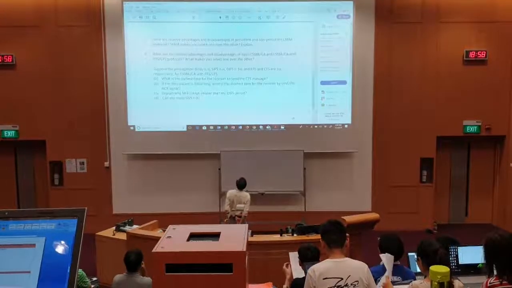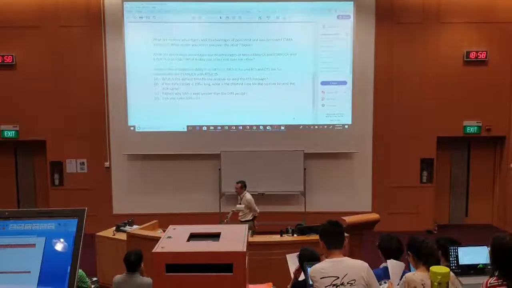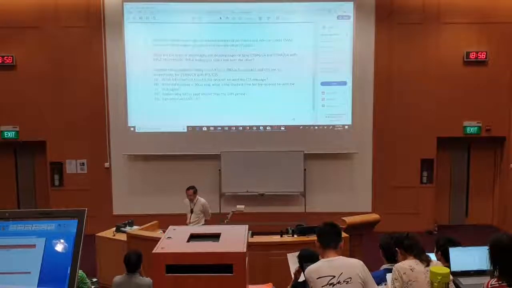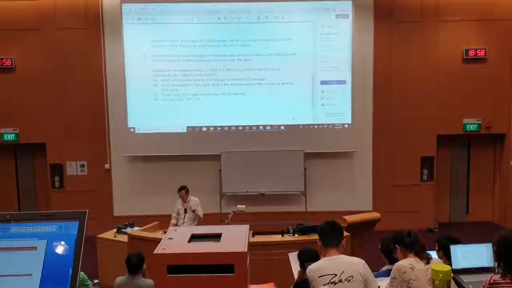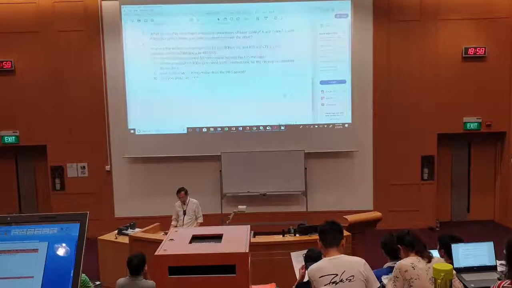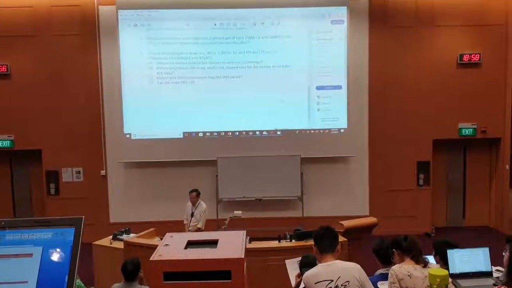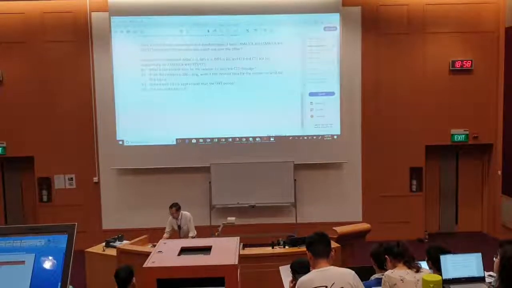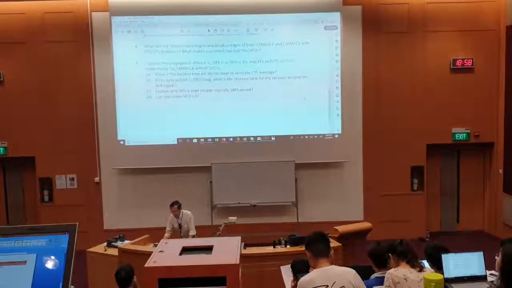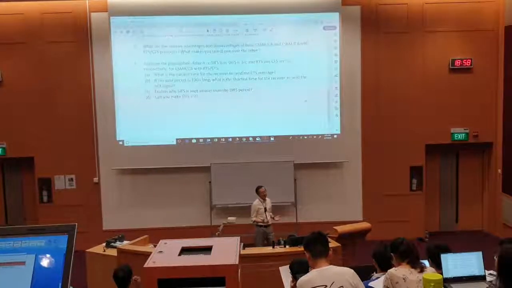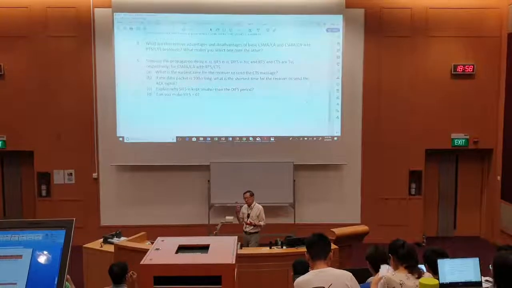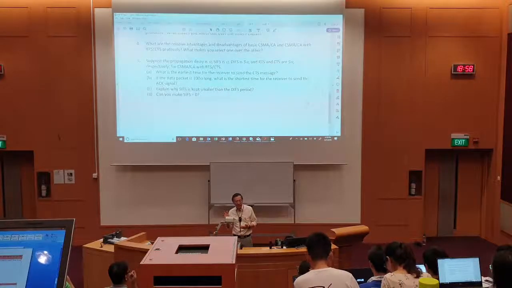Okay, let me just start with 3 if I have not done it yet. What are the relative advantages and disadvantages? I think I've done it, right? Persistent and non-persistent CSMA. Number 4, I'm not sure I've done. Relative advantages and disadvantages of CSMA-CA and CSMA-CA with RTS-CTS. Okay? Alright, now CSMA-CA is that you listen to the channel to see whether it's idle or busy.